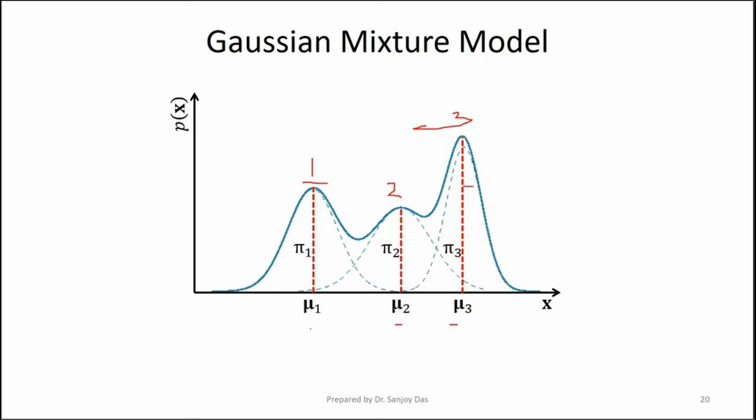This one has a smaller sigma, it's narrow, and this one has a broad sigma, so it's got a higher sigma, and so on. And so this is a Gaussian mixture model with three Gaussians, and these heights are pi 1, pi 2, and pi 3, and they represent the probabilities of the corresponding Gaussians being active in generating one particular sample point.